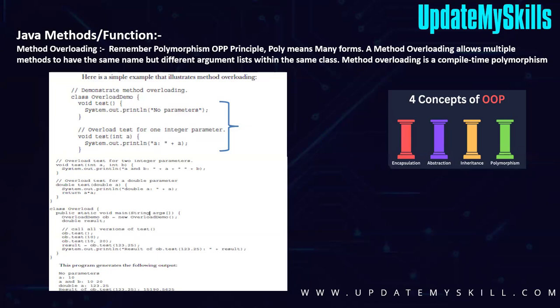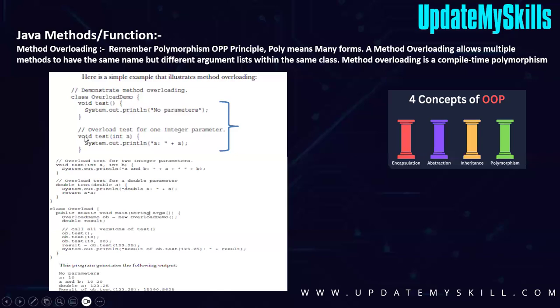Still, it allows you to write the same name, test and test, but you differentiate by passing a different number of parameters, or you can differentiate by the return type also.